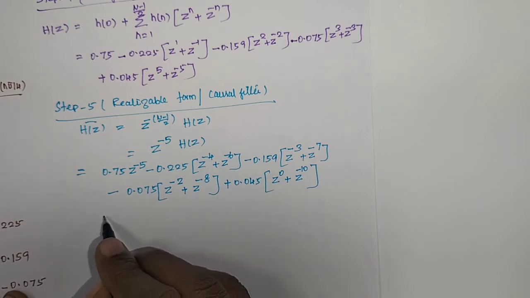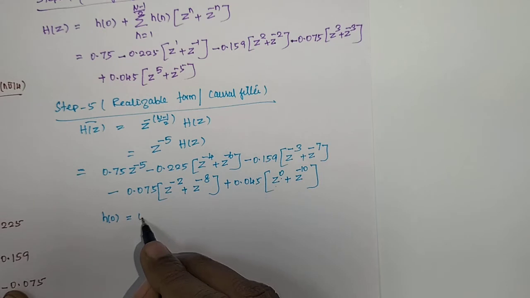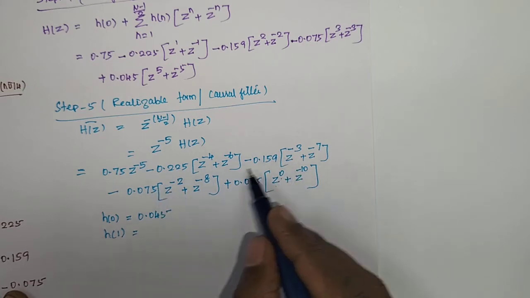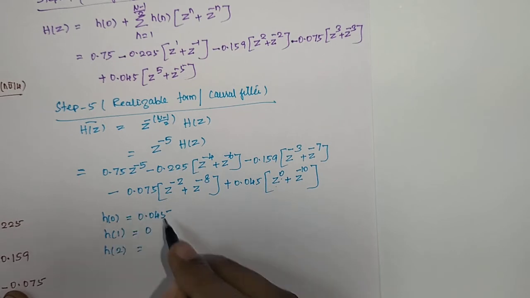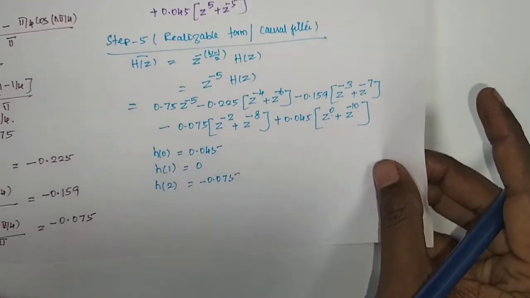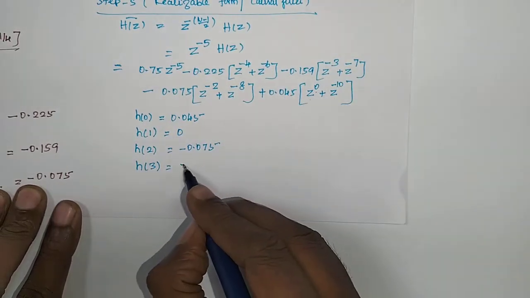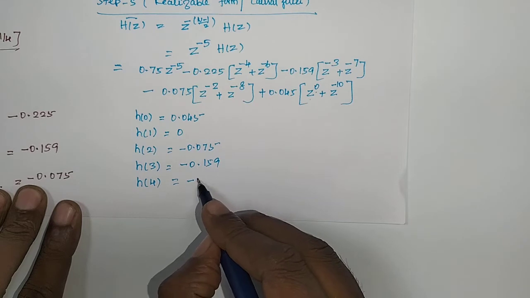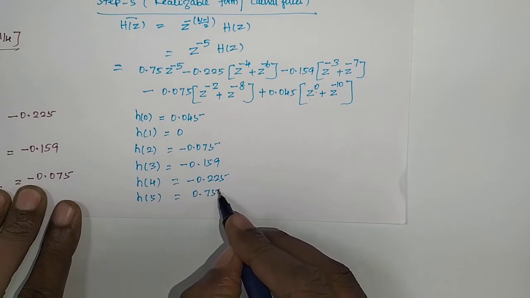Here z power 0, h of 0 is equal to 0.045. h of 1 is 0, you don't have h of 1. h of 2 is minus 0.075. h of 3 is equal to minus 0.159. h of 4 is minus 0.225. h of 5 is equal to 0.75.